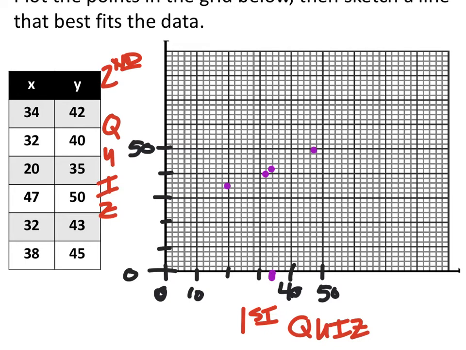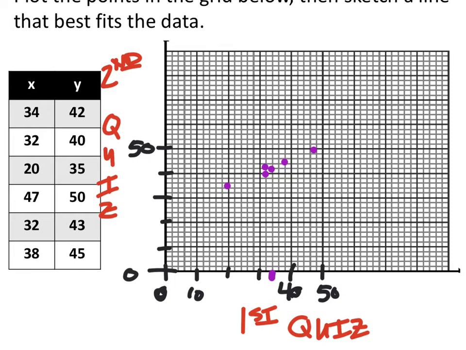And then 32, 43. I know this is compelling stuff, you guys. I think it's right there. And then 38, 45. 38 and 45. Boom. There we go. 6 points. I got all 6 on there, and that looks pretty good.